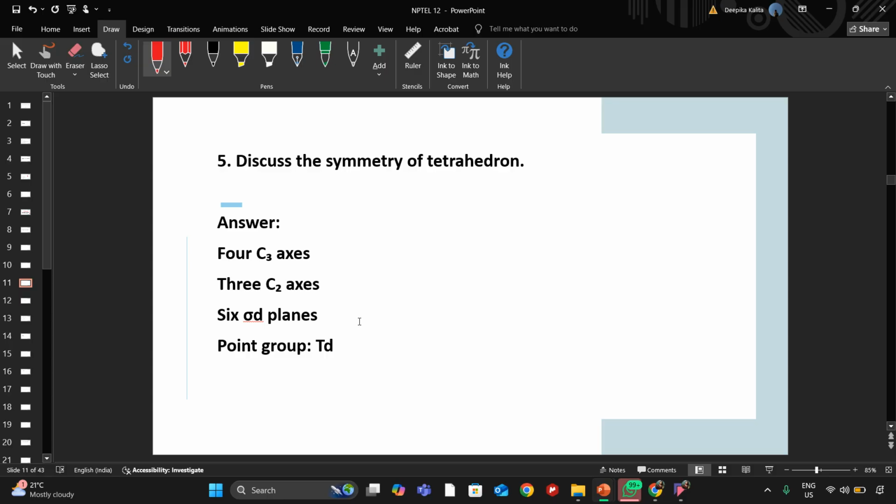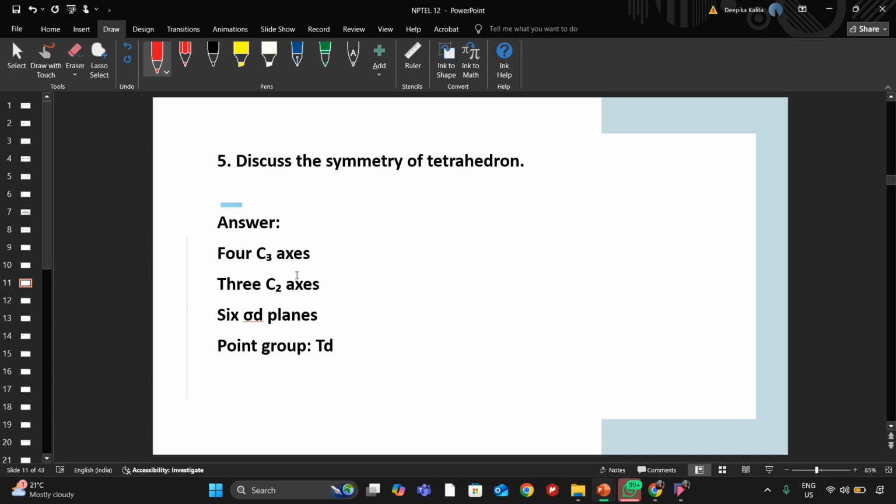So a regular tetrahedron has very high symmetry with 24 total symmetry operations, which we have already discussed in our previous classes. So if we count the symmetry operations present in a tetrahedron, they will be four threefold axes of symmetry, which are C3 axes, which basically mean the rotation of the molecule by 120 degrees.